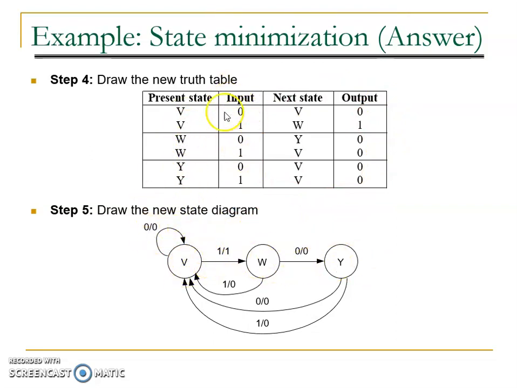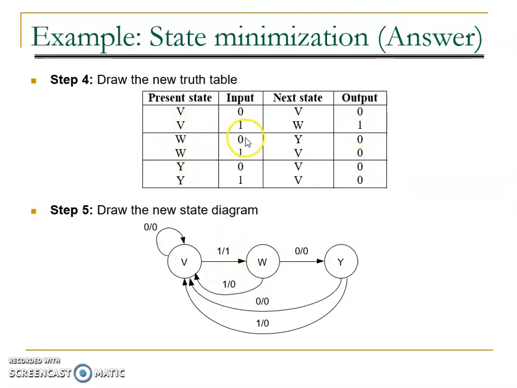So for state V, input 0, the next state will be V, output 0. So draw it like this. For state V, input 1, the next state is W, output is 1.